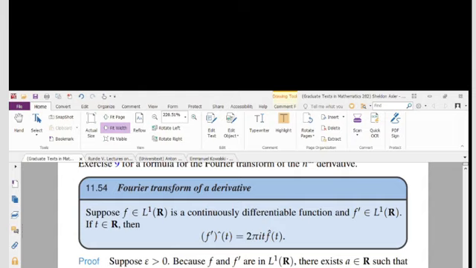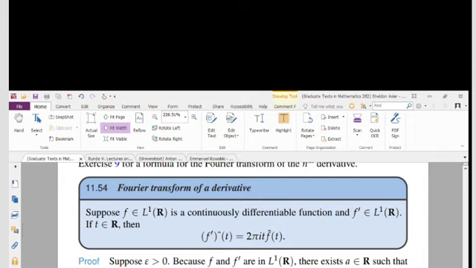and its proof is easy, because for any epsilon, because f and f prime are in L1, because f is continuously differentiable, so that f prime exists and f prime is continuous.